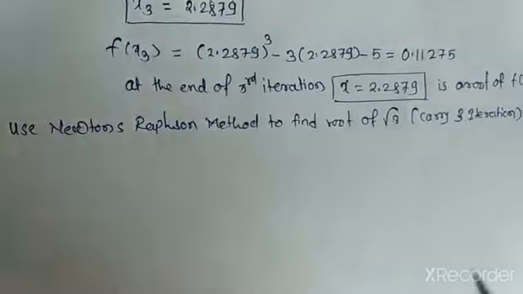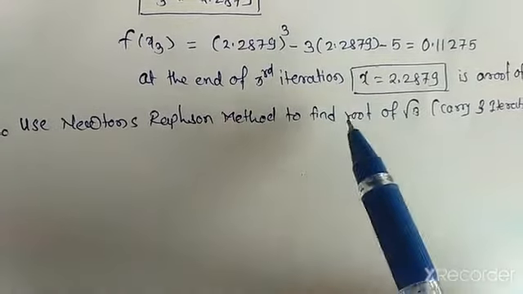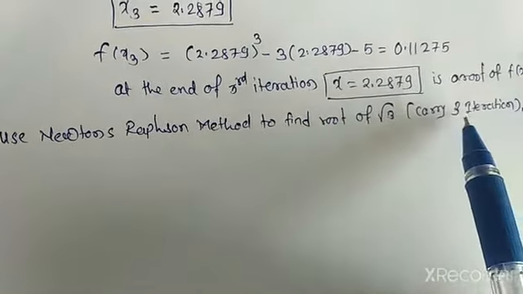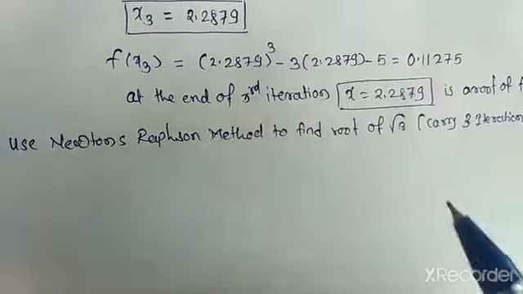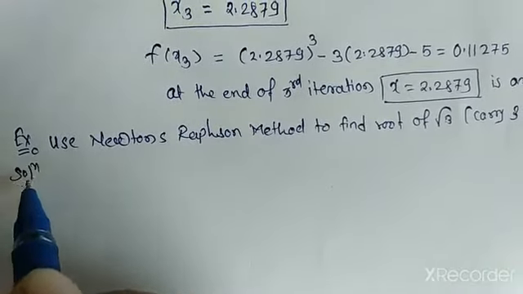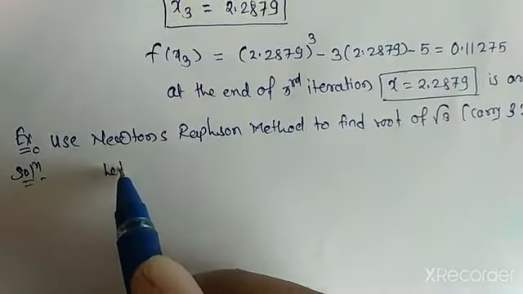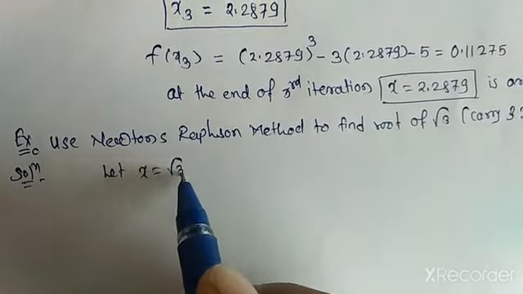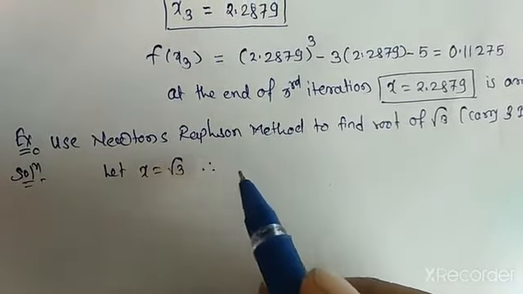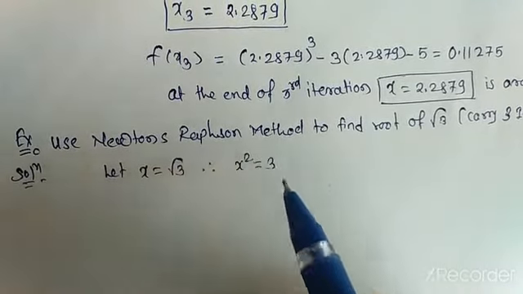Now consider the next example. Use the Newton-Raphson method to find the root of root 3, and you have to carry out 3 iterations here. In the solution, first we define a function, let x be equal to root 3. That means x square is equal to 3.